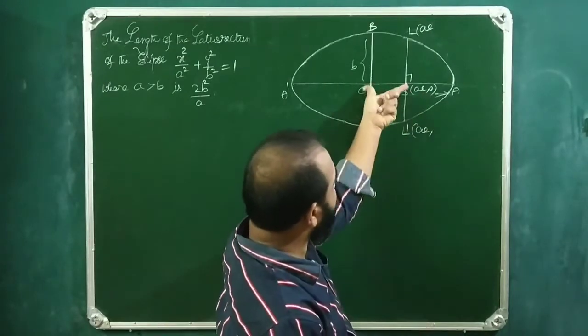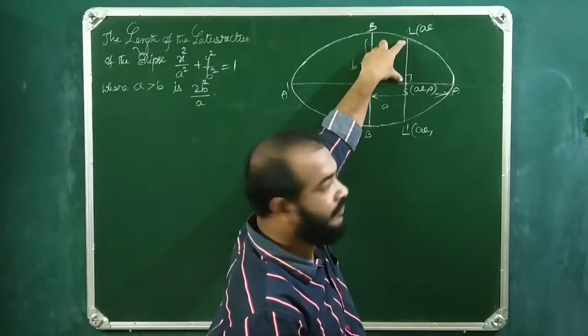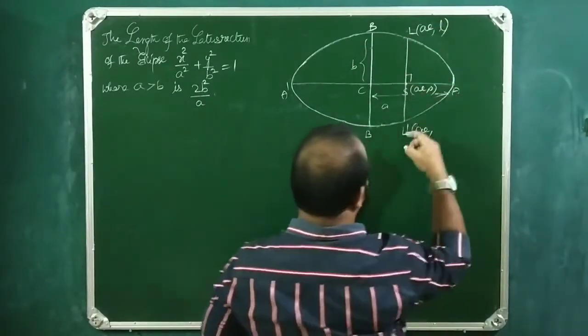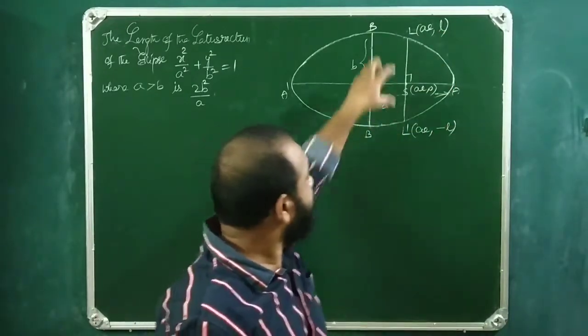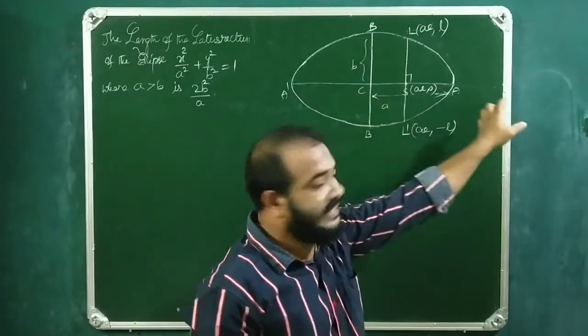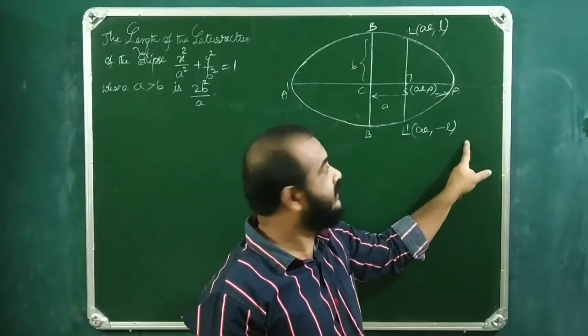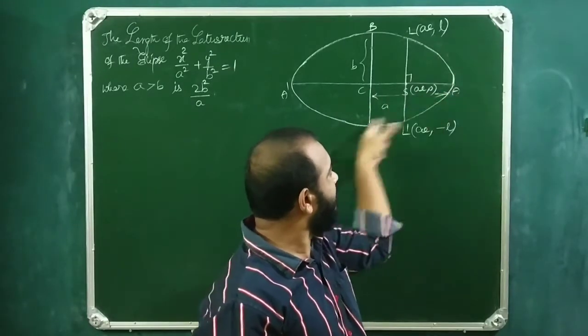This is AE, this is AE, and this is also AE. But the height differs. What is the height of this? Which we don't know. Let us take this as L. If it is this L, this is minus L, because this is perpendicular to the x-axis. So if it is AE comma L, this is AE comma minus L. The ellipse is symmetric about the x-axis.